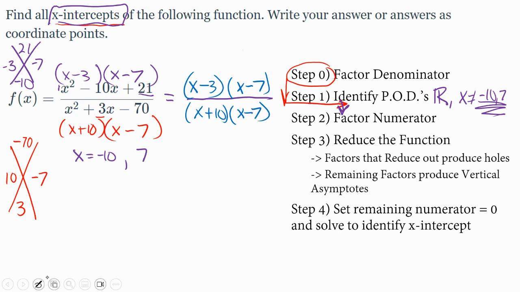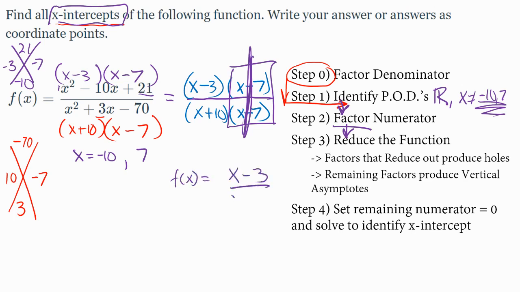Now, what I'm trying to get us to find out is that now that I factored the numerator, I can reduce this x minus 7 because anything divided by itself is 1. So we put a big 1 there. The reduced function f of x is equivalent to x minus 3 over x plus 10 everywhere except when x is the positive 7 there.